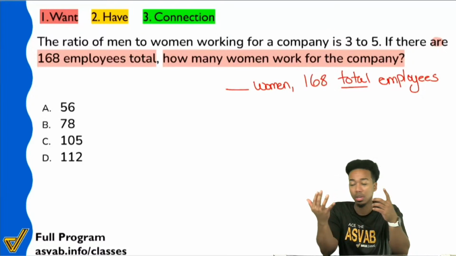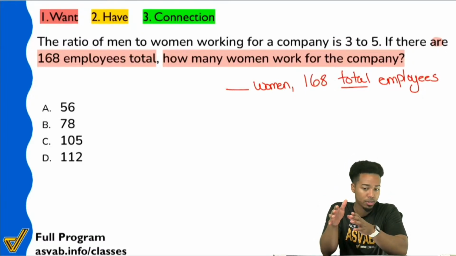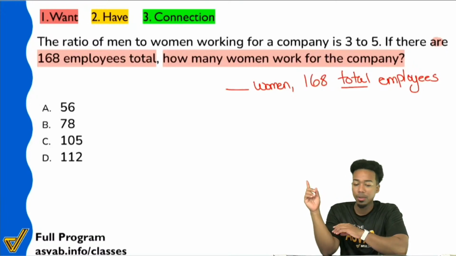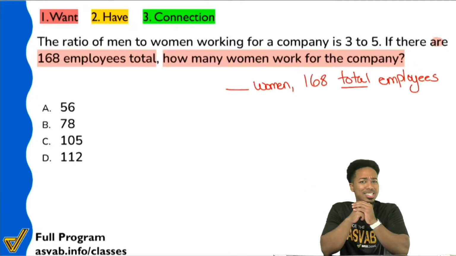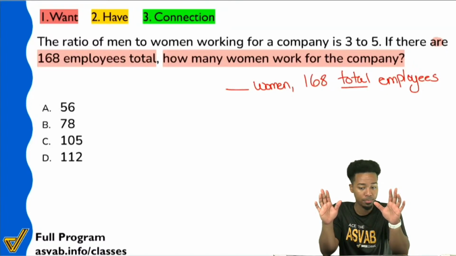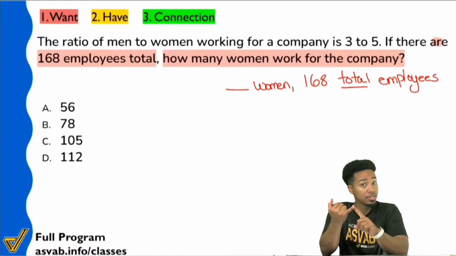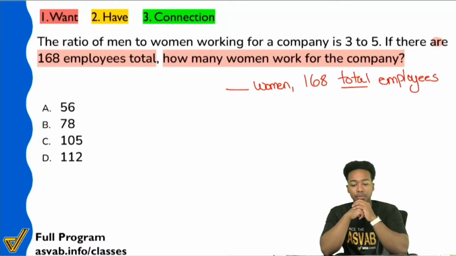The question says we're looking for the number of women, and they just so happen to tell you how many total people there are. So when we write it down, blank women, you can say W women with 168 total employees. Is that understandable so far? We started off with what we want, and we saw that there was a connected piece of information that just so happened to give us the total.